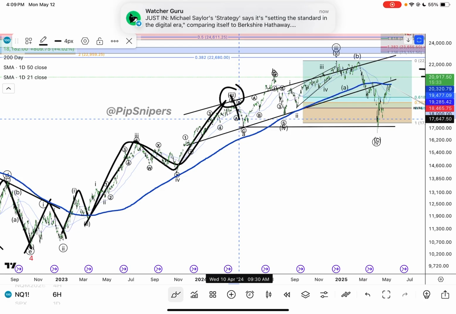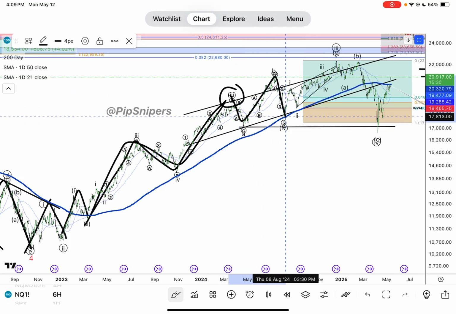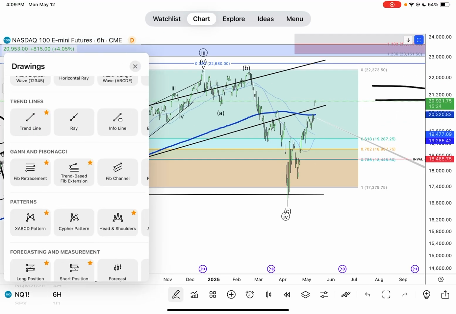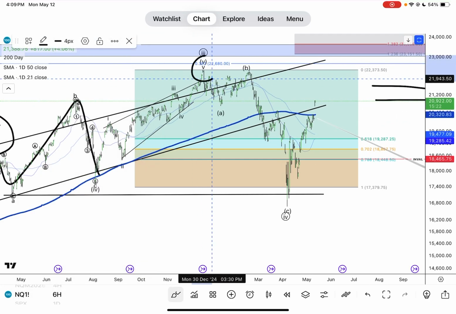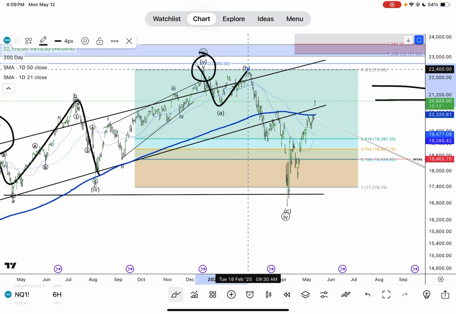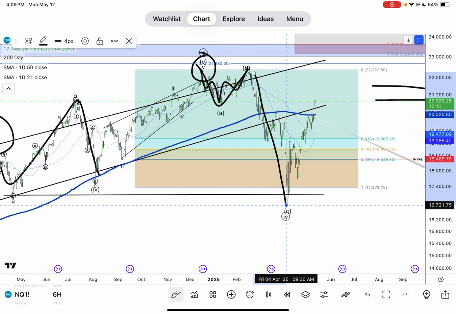Then you come down for a flat pattern for your wave 4 of 3, and for your wave 5 of 3, you have an ending diagonal with a wave 5 throw over, just like that. Then you have your ABC correction down, a 3 down in your A, 3 up in your B, and then a 5 down in your C.